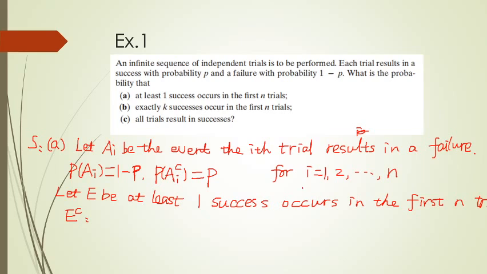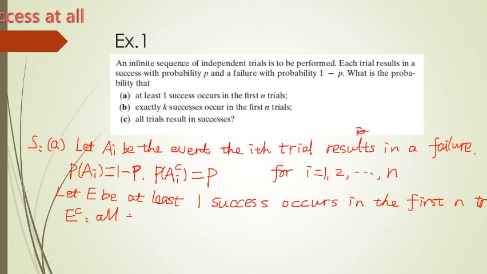Until all the n trials result in a success. What is the complement for this event E? That means all the trials result in a failure, right? No success at all. Yes, very good.